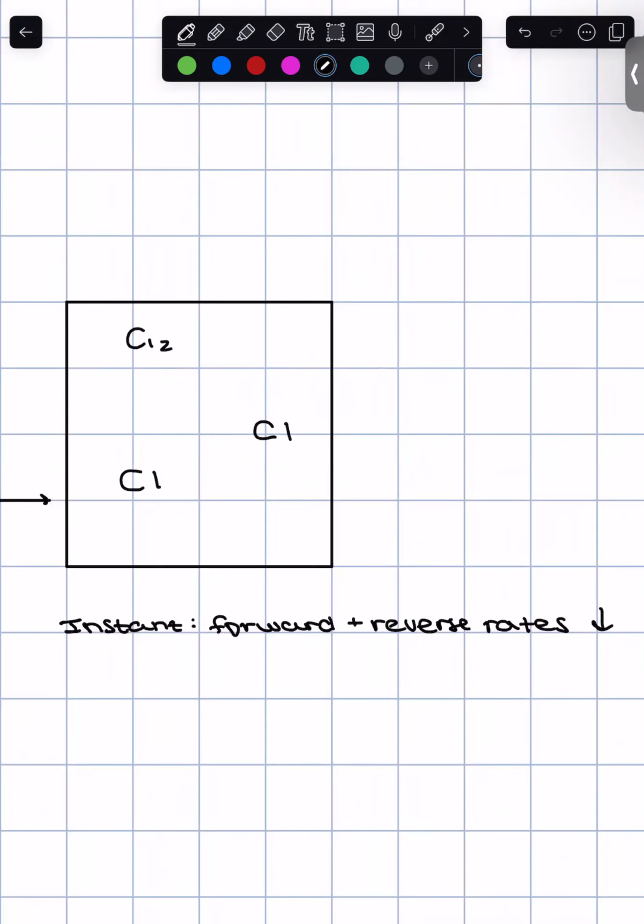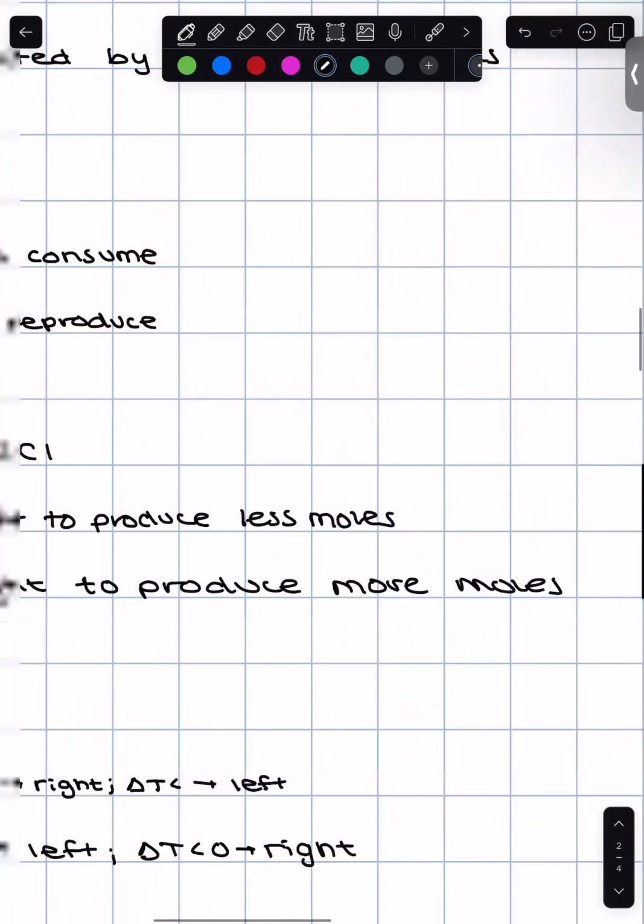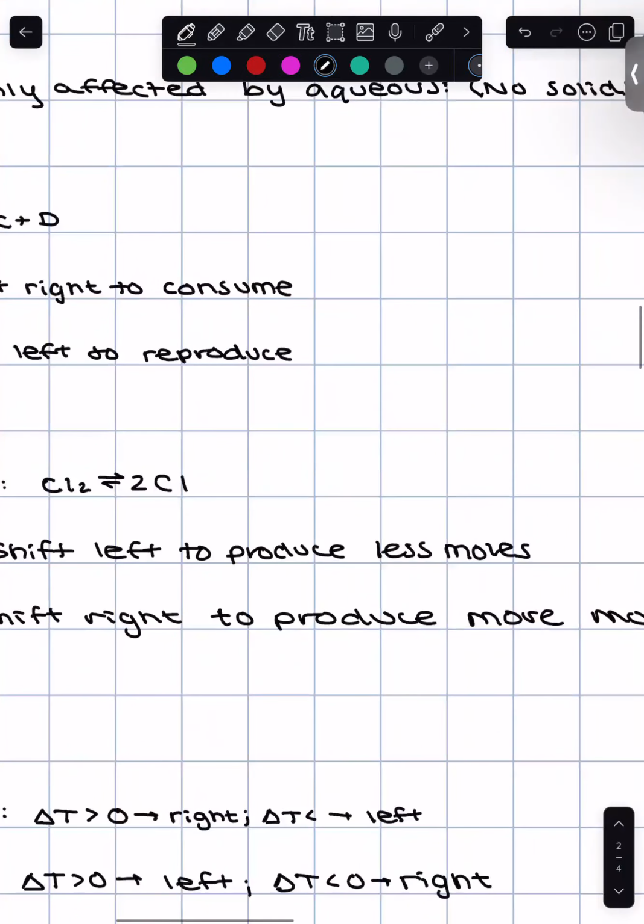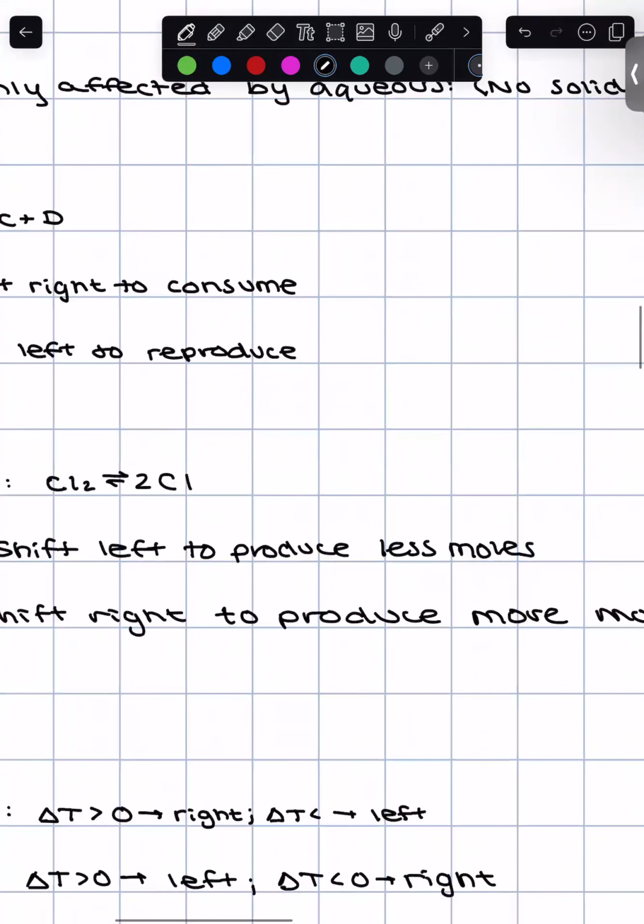However, over time, this forward reaction is still a lot faster than that reverse one, just simply for the fact that it has a greater affinity to produce more moles in this case.